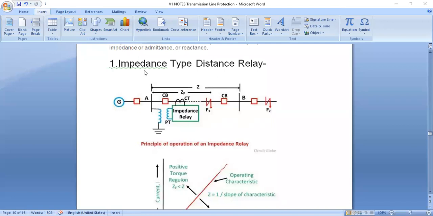Basically there are two conditions: normal condition and abnormal condition. In the normal operating condition, the value of the line voltage is more than the current.